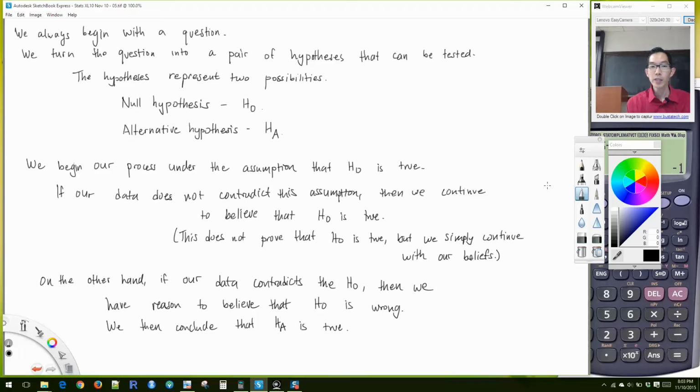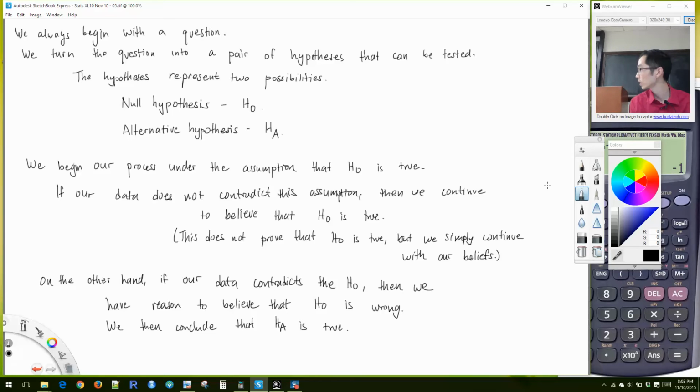And when we say our data does not contradict this assumption, basically we're just asking, could we observe a certain set of data under the null hypothesis, or is it incredibly unlikely to observe this set of data? And if it is incredibly unlikely to observe that set of data, then we say our data contradicts the null hypothesis, the H0.